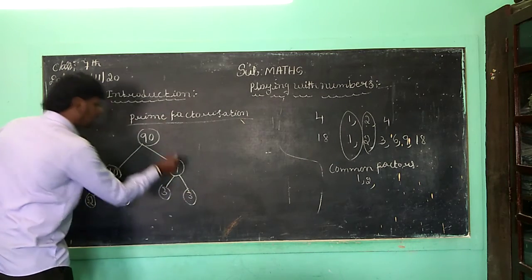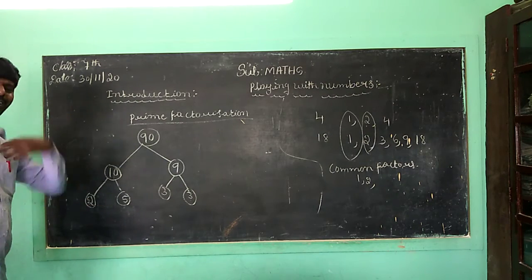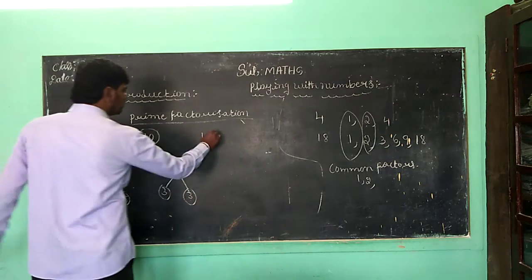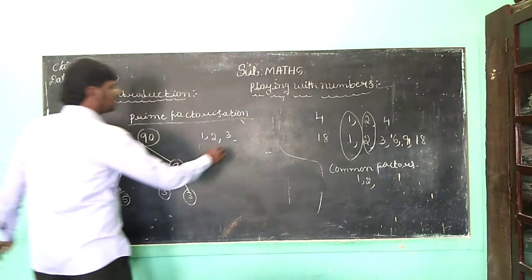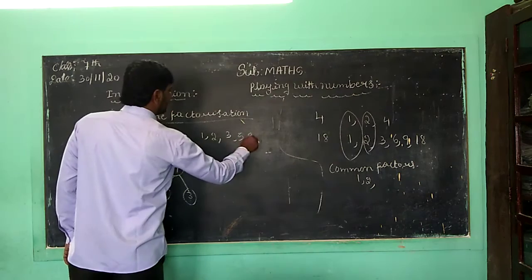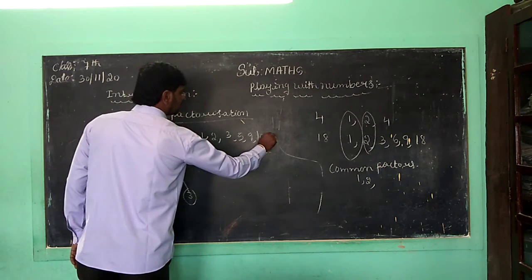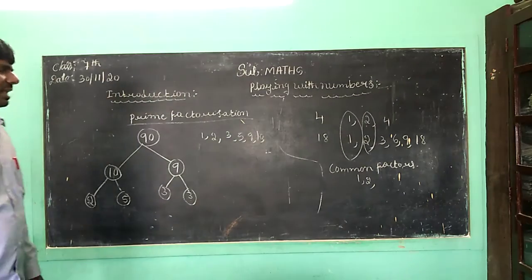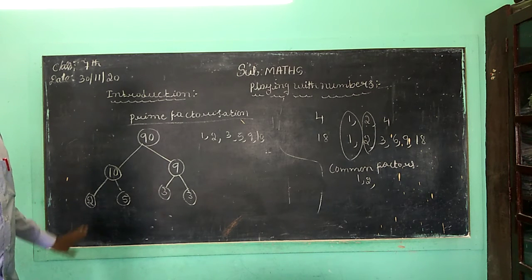Children, the factors of 90: already we know that 1 is a factor of all numbers. 1, 2, 3, 5, 9, 10. Correct children?